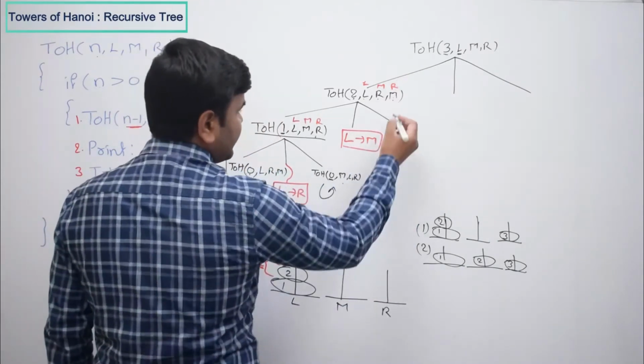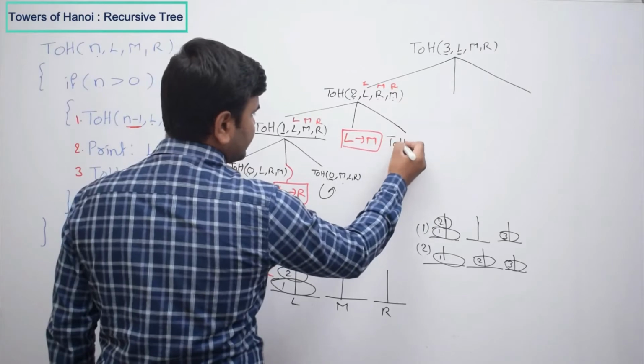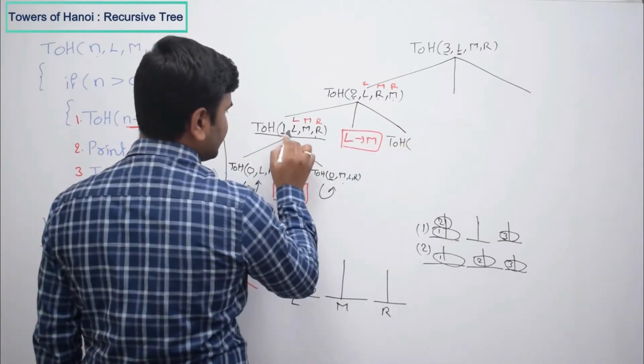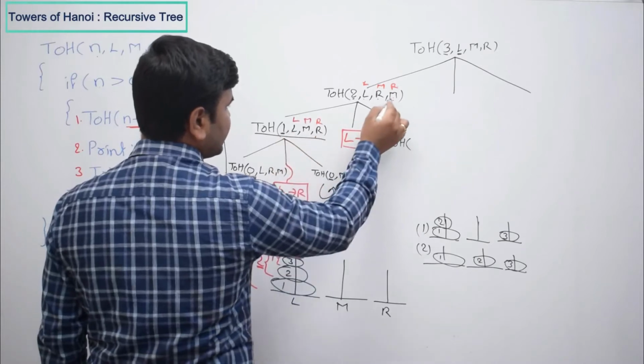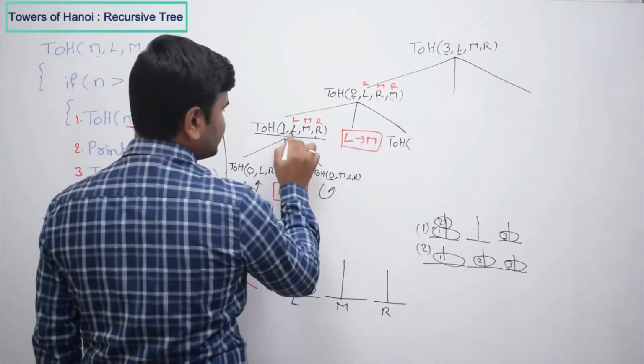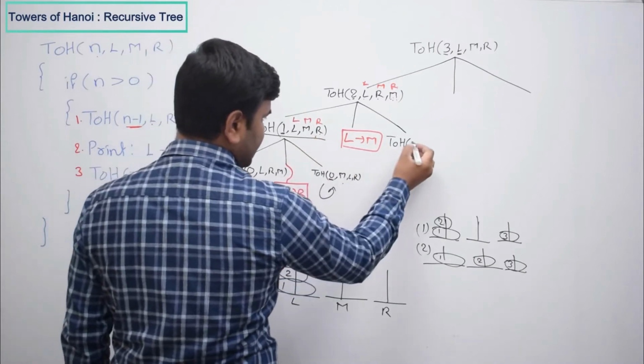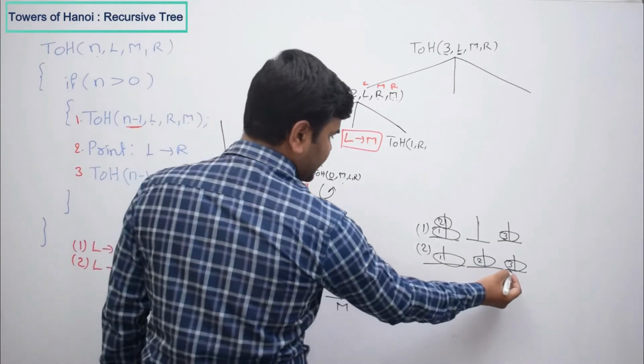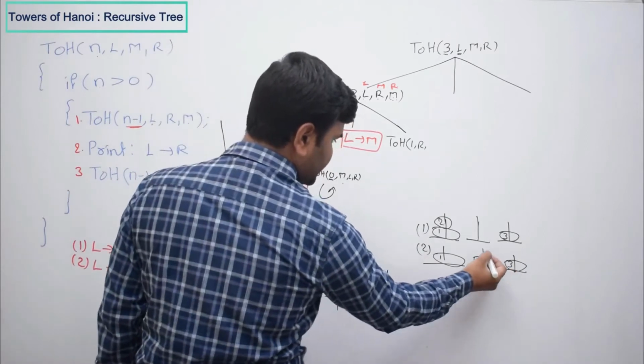So then next, towers of Hanoi. Here you see the first disk, one disk you shifted from L to R, though the actual target is M. So this one disk is now at R, so R will become the source. That is what you can observe here. This one you have to shift from here to here.